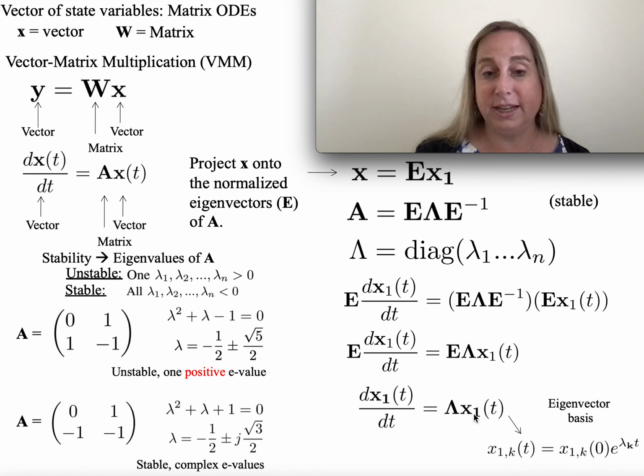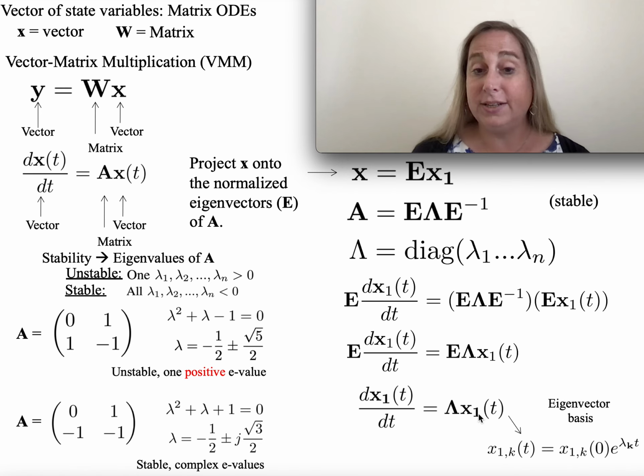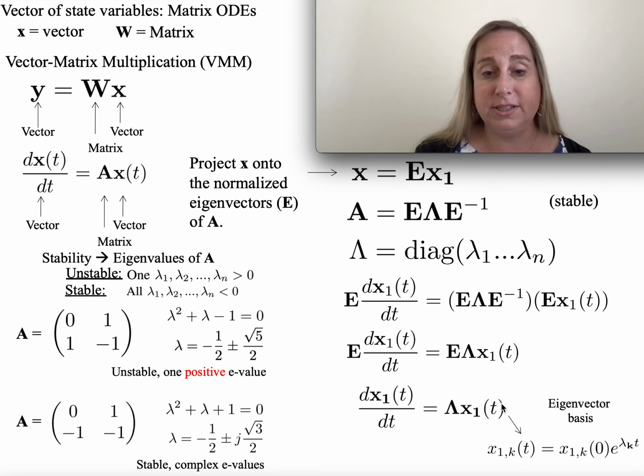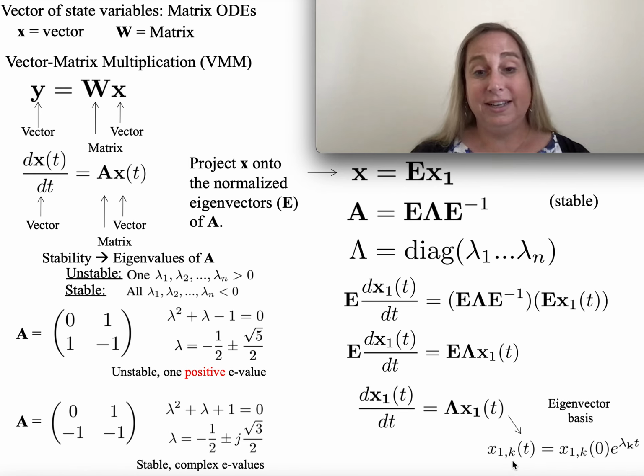dx1/dt is lambda times x1 of t. x1 is a vector, and lambda is, again, a diagonal matrix. This turns out to give me a set of scalar equations. x1 at every position k is just the value at 0 times however things shift with the eigenvalues.